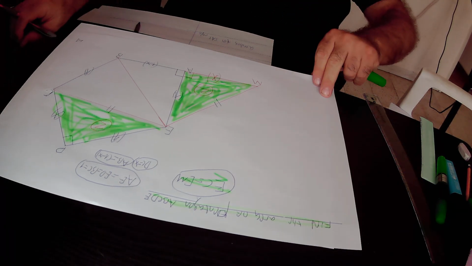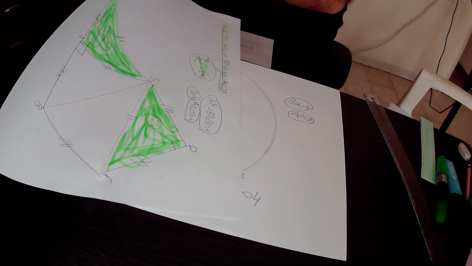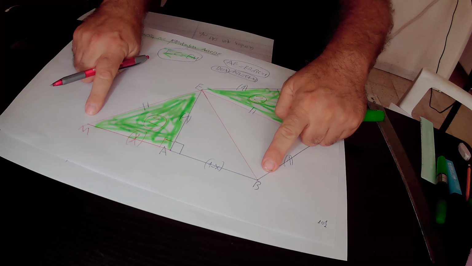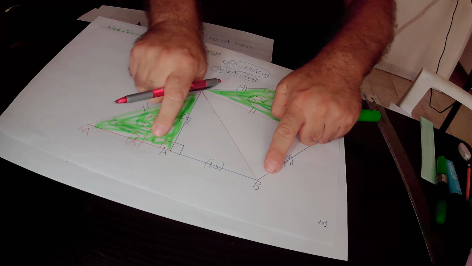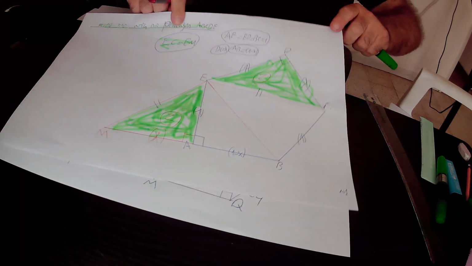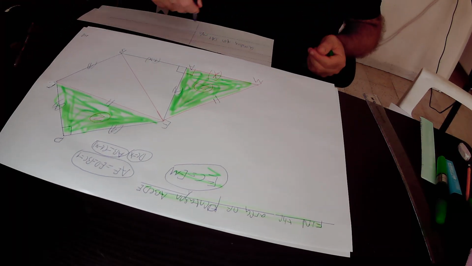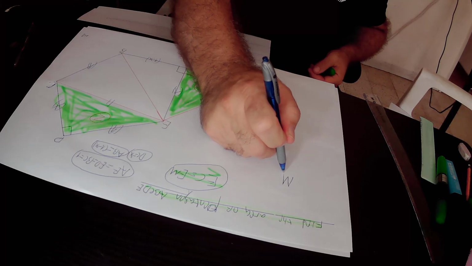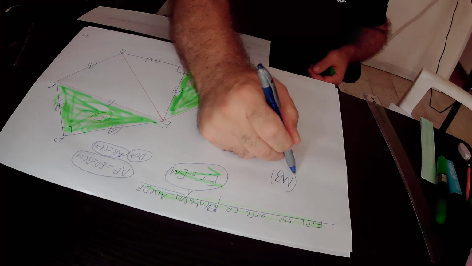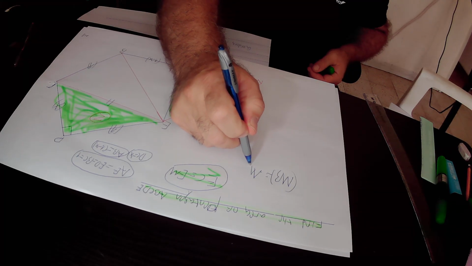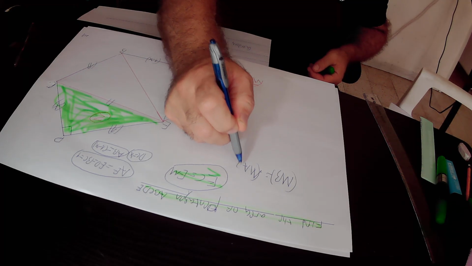In the next step, we find out the length of side MB. MB in total equals MA plus AB.